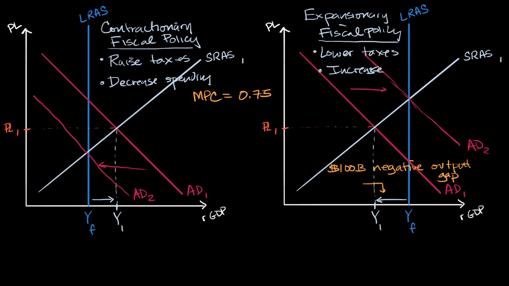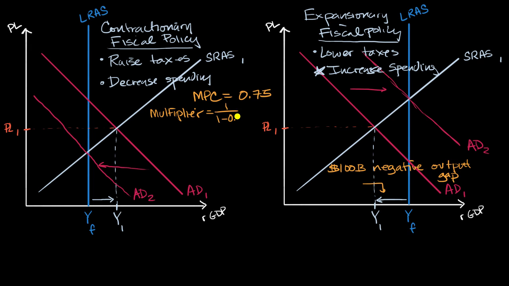Let's first think about the increasing spending lever. How much would we have to increase spending, given this marginal propensity to consume, to close a $100 billion negative output gap? Pause this video and try to solve that. Well, let's just think about our multiplier. Our multiplier is going to be equal to 1 over 1 minus the MPC.